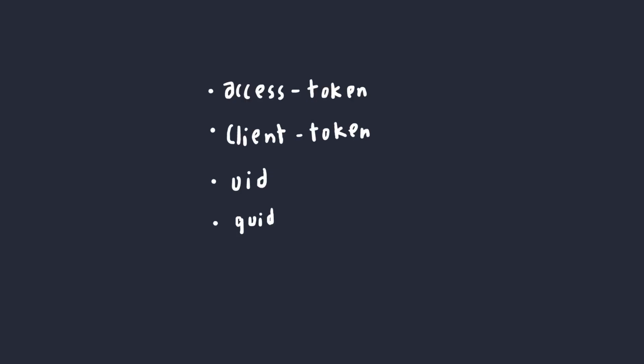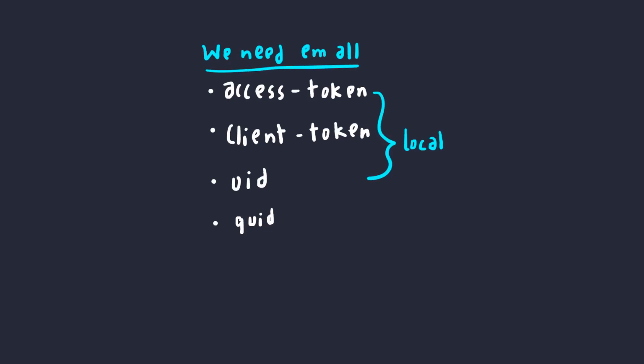I can't go into details of how these values were actually being utilized by the application, but just remember that we need these 4 things. Simply enough, all these values were stored in the local storage, and they were easily accessible through JavaScript, except for one, GUID.